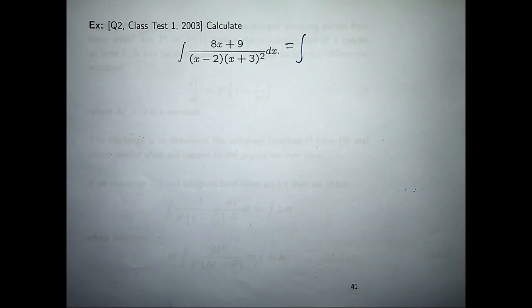Anyone? Yes. Try and make it like the top one, something like x minus 2. You could try to play with the numerator and try to make it like x minus 2. Difficult. I can't see it. Okay? So what I'm going to do now is show you a very general way of doing this.